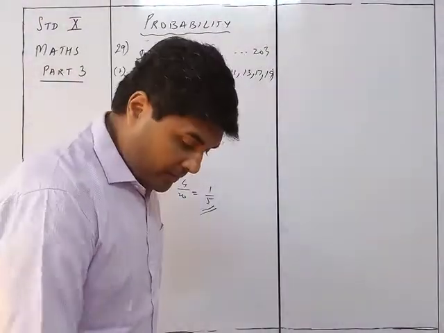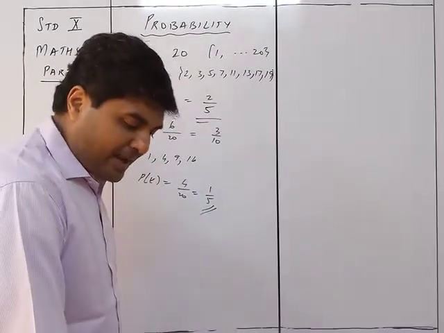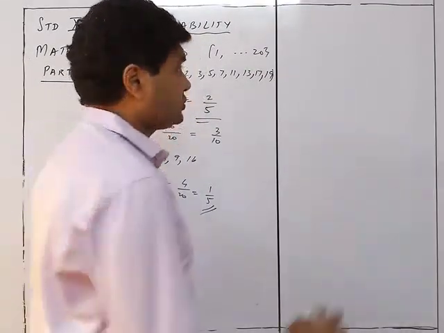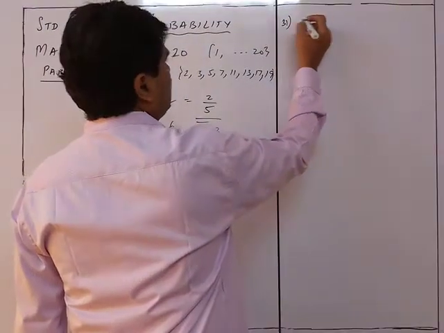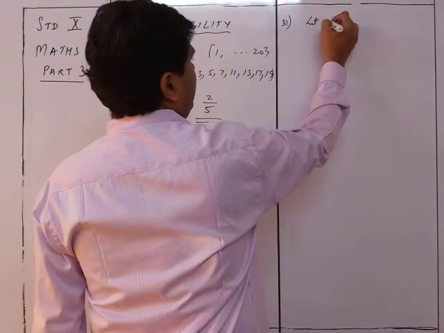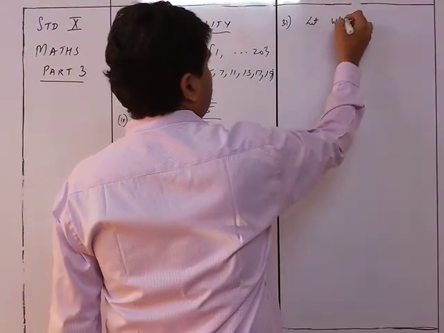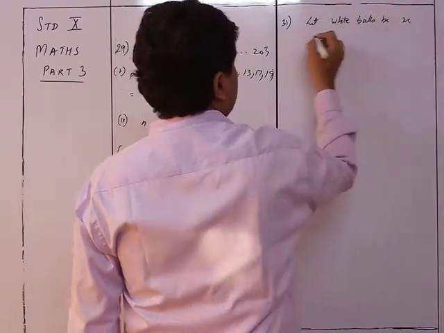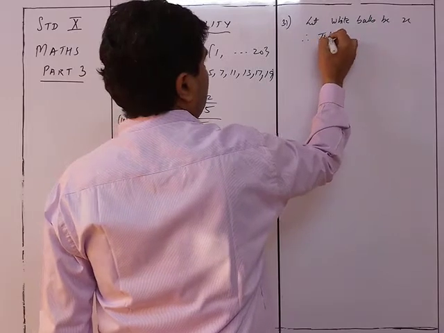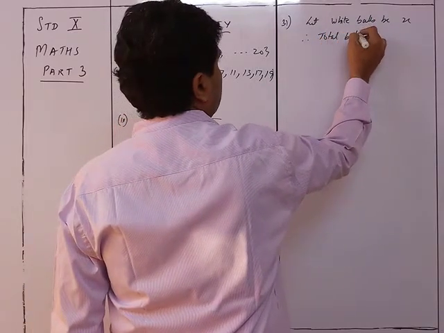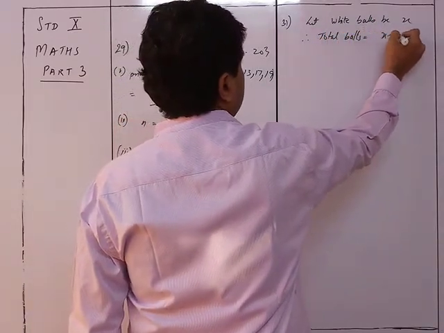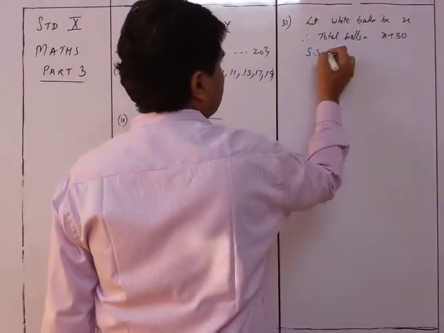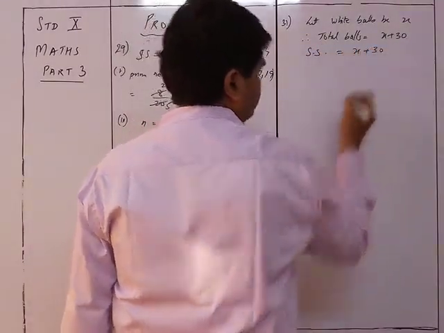Okay, sum number 31. A box contains some black balls and 30 white balls. So first of all, let the number of black balls be X. Therefore total balls is equal to X plus 30. So the sample space is X plus 30.